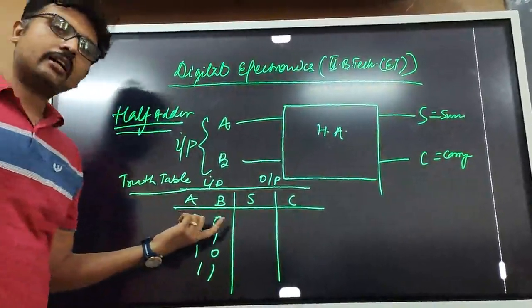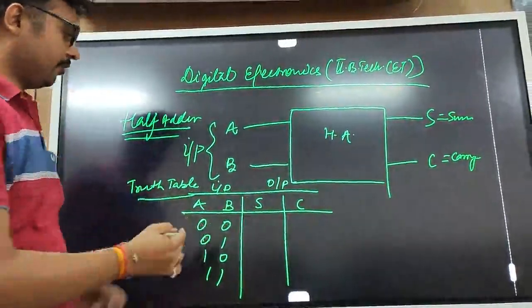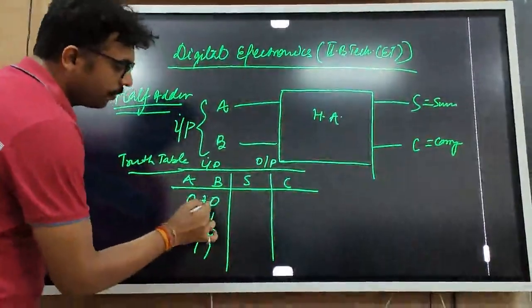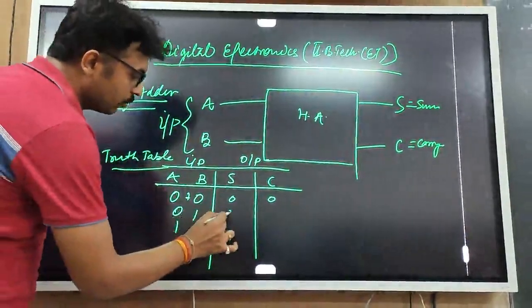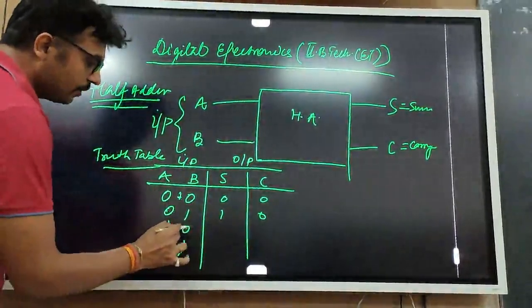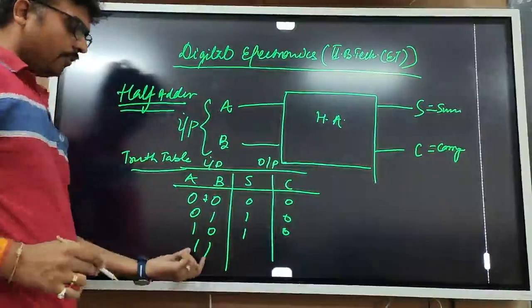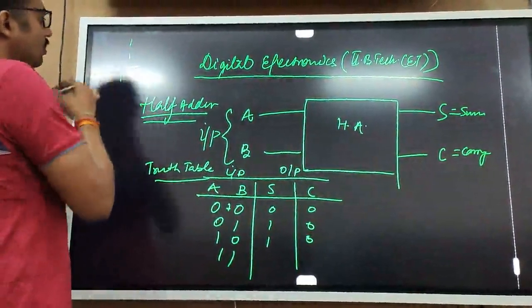As I have told, the functionality of half adder is to add the single bits. So 0 plus 0 is 0, there is no carry. 0 plus 1 is 1, there is 0 carry. 1 plus 0 is 1, there is 0 carry. 1 plus 1, when you add in binary, it's 10.